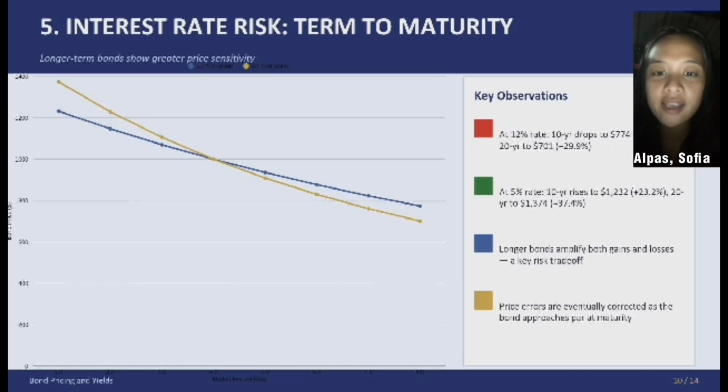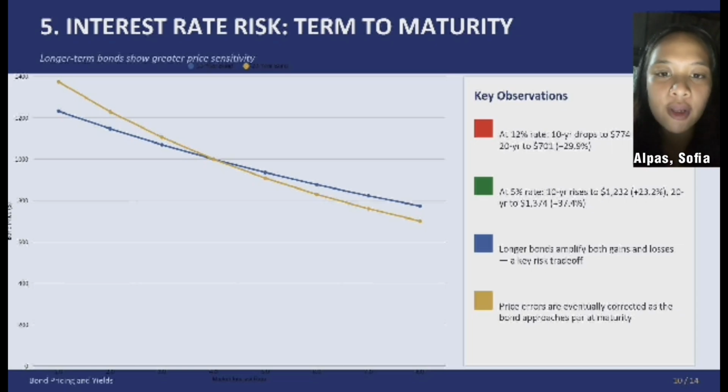This topic explains that longer-term bonds are more sensitive to changes in market interest rates compared to shorter-term bonds. In the graph, we can see the comparison between a 10-year bond and a 20-year bond. When market interest rates increase, bond prices decrease.